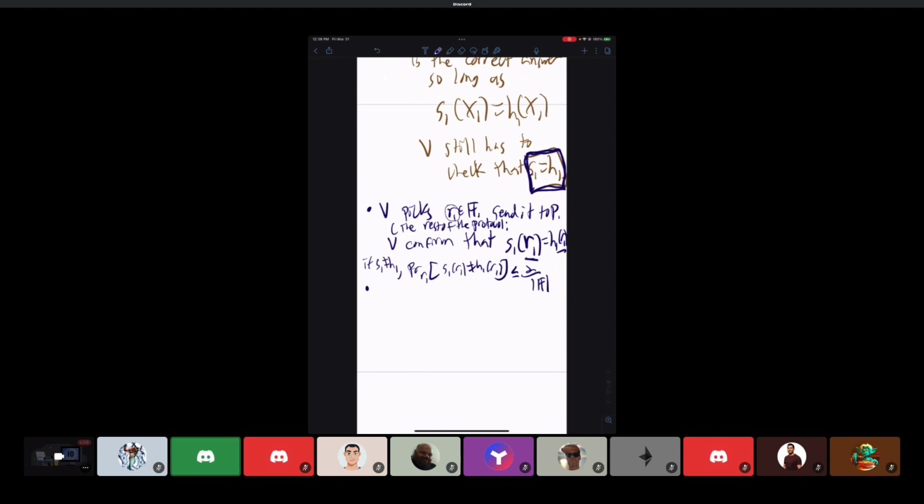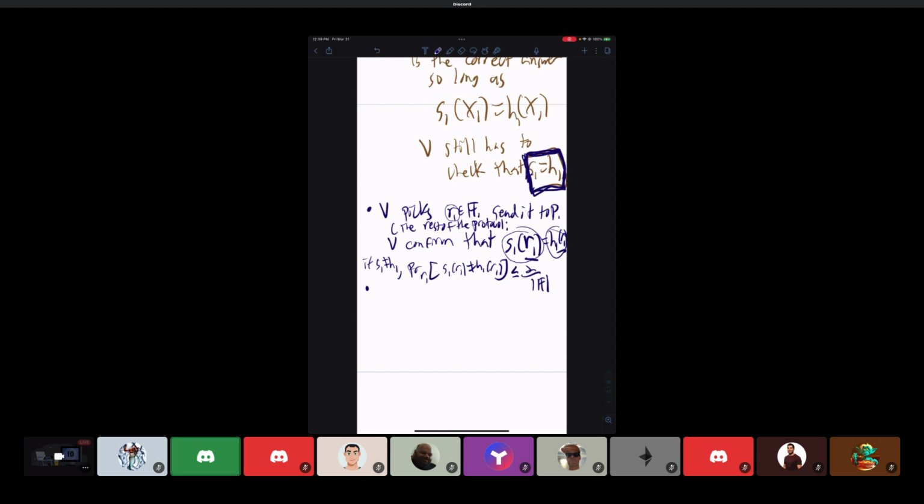So what's happening here is the verifier needs to check that S1 of X1 and H1 of X1 are the same polynomial, and it checks that by evaluating them both at the same randomly chosen input. If that check passes, it's safe to believe they're the same polynomial. We already saw this in fingerprinting, like three meetings ago. This same idea comes up over and over again in SNARK design and interactive proofs.